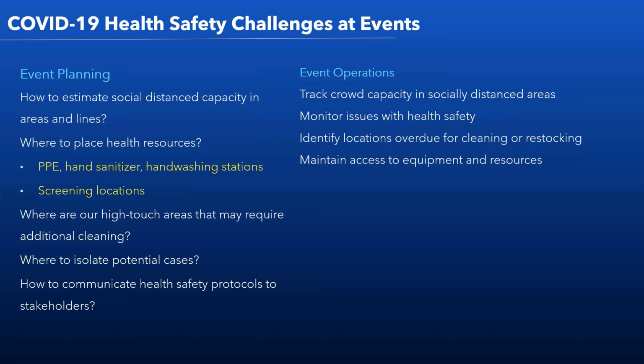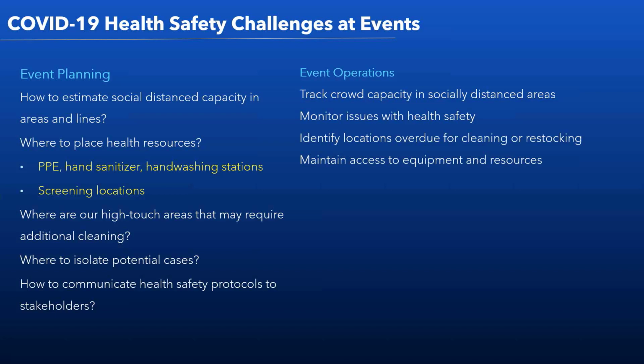So here are some of those challenges. There may be others, but here are some of the main ones. We need to include in the planning phase: how do we estimate how many socially distanced attendees our venue can accommodate? Where will we stage all of our health resources, including personal protective equipment, hand sanitizers, hand washing stations, screening locations?